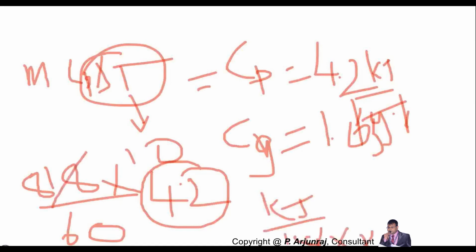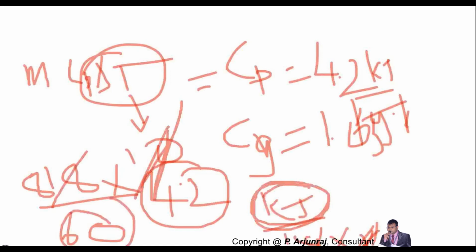This kg and this kg will get cancelled. This Kelvin, the temperature, and this temperature Kelvin get cancelled. What is left is only kilojoules, kilojoules per minute. So finally we are going to get the overall in kilojoules per minute.